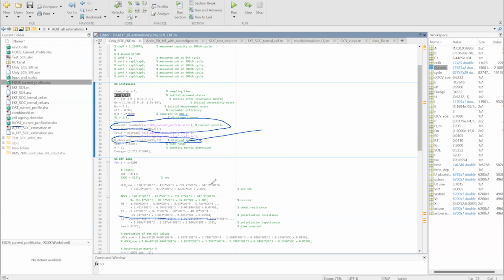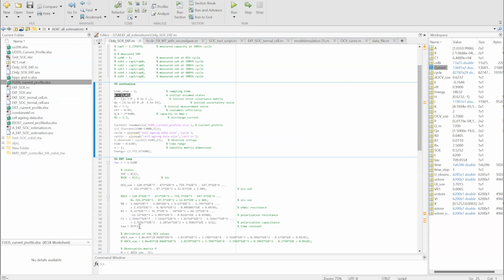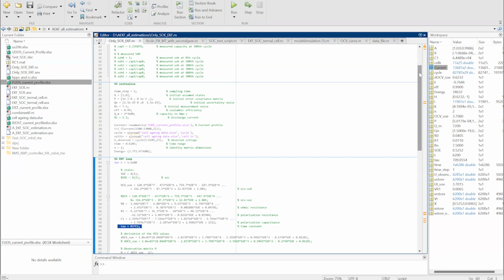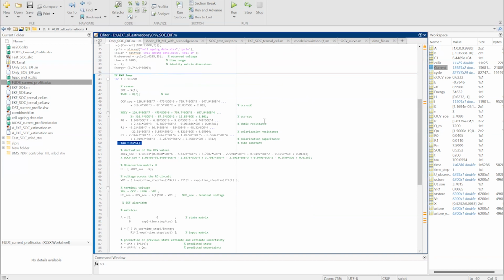So R0, R1, C1, and the tau, which defines your time constant. Later the derivative of the OCV, and then we put it in the H matrix, which we call the observation matrix.